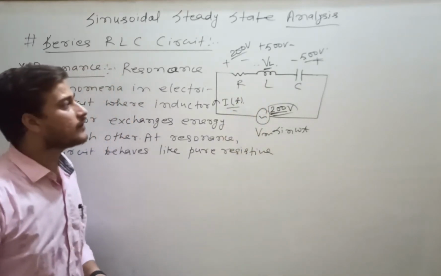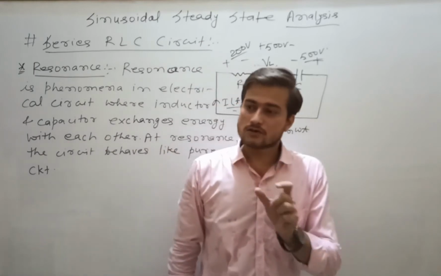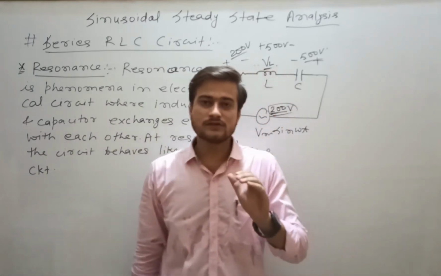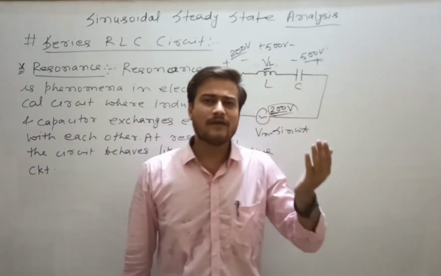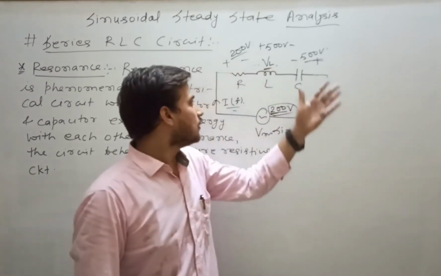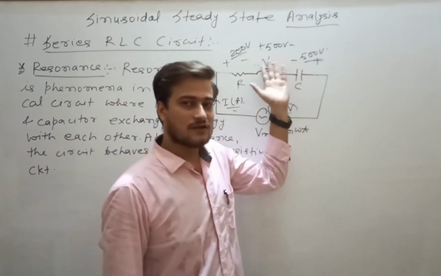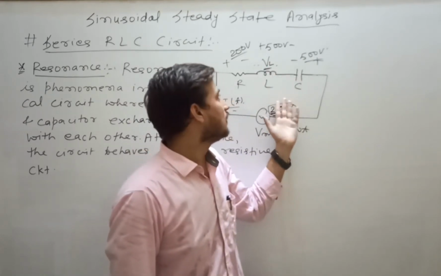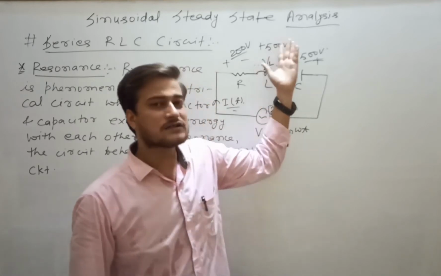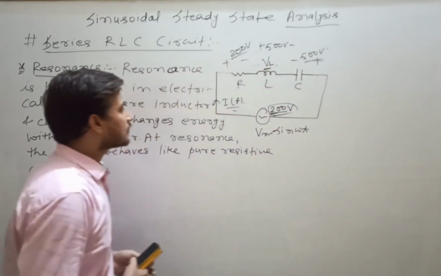You have a voltage source of 200 volt, and suppose there is a requirement of 500 or 600 volt for the circuit, then what will you do? You will have a resonating circuit like this, and then you can get 500 or 600 volt. So let us see how you can get the voltage.